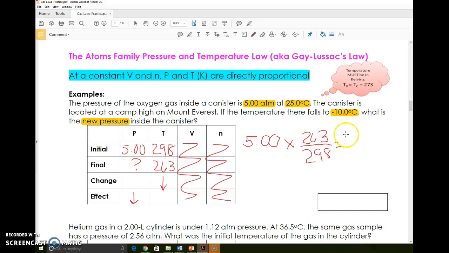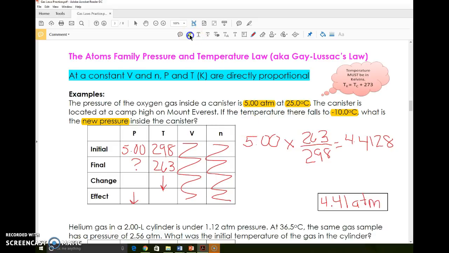The result on my calculator is 4.4128. Looking at my ice table, I am limited to 3 significant figures based on all of my measurements, and so I'm going to round this to 4.41, and then our units, again, of pressure will be atm.